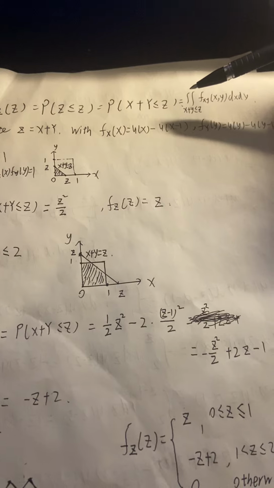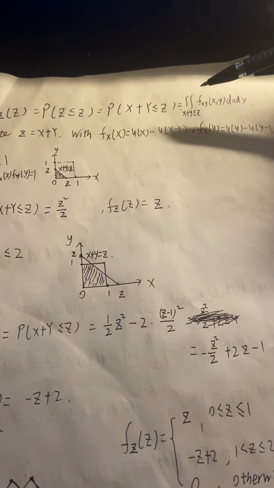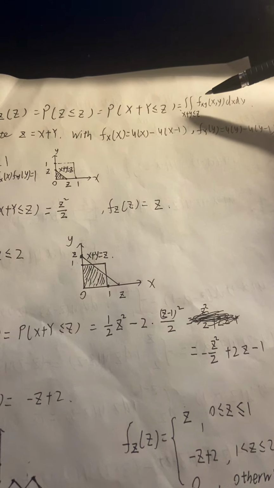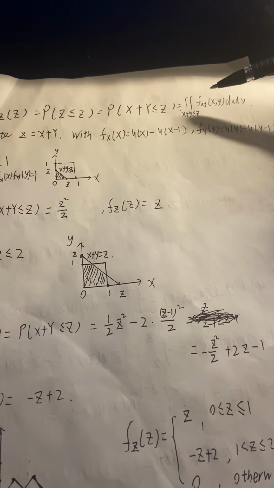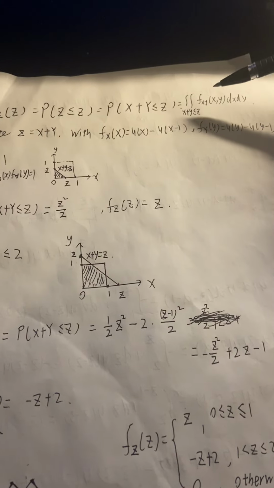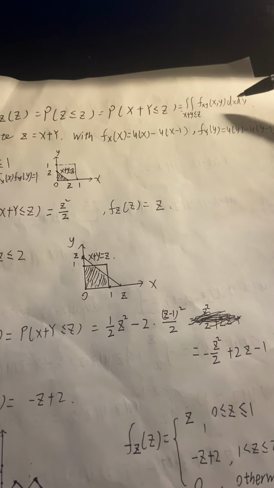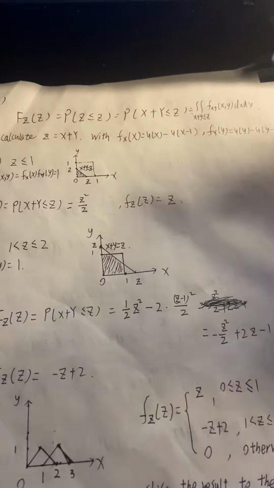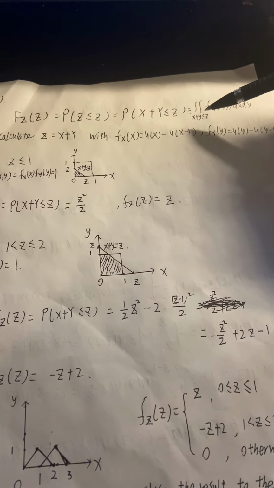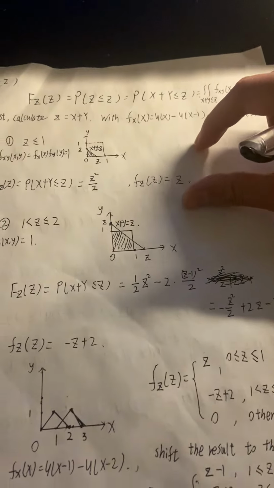By definition, it will be the double integral of the joint density function of X and Y, dx dy, and the region will be x plus y less than or equal to z.